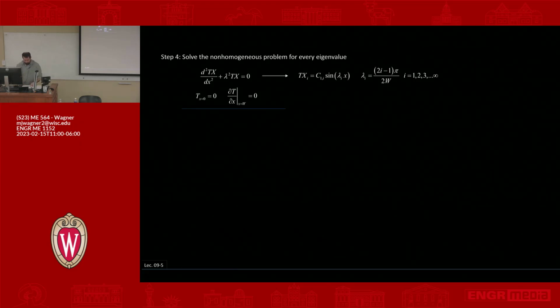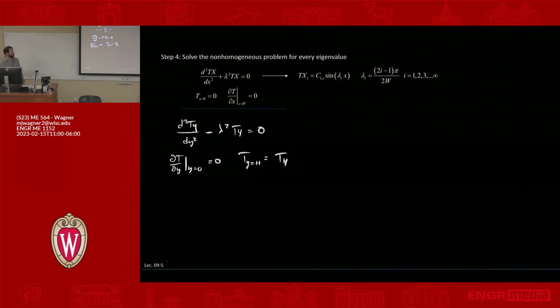The non-homogeneous problem, again, was the following. It is d squared T over dy squared minus lambda squared T equals 0. The boundary conditions, if you remember, were what? The partial temperature with respect to y at y equals 0 is 0, and then T at y equals h is equal to Th.